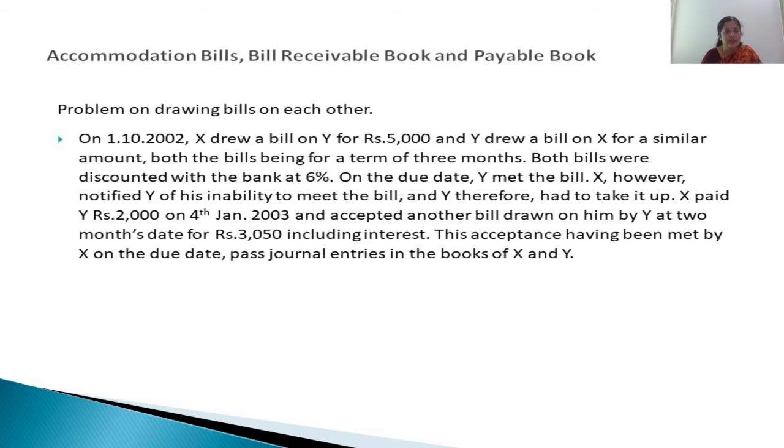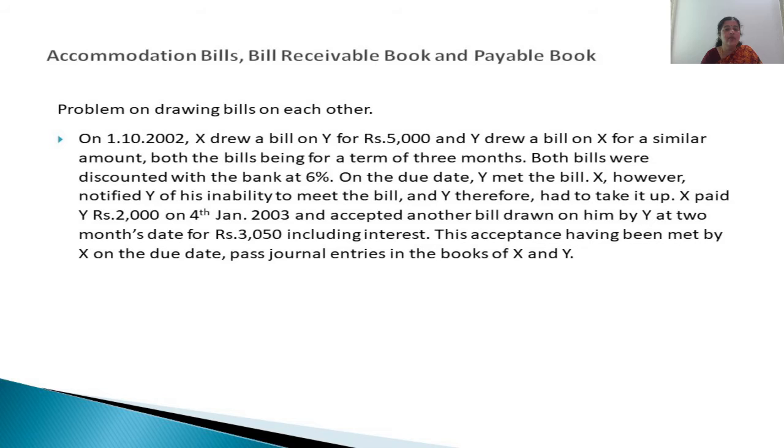X paid Y rupees 2000 on 4th Jan 2003. That is on the first due date. X paid only rupees 2000 on the due date, that is 4th Jan 2003. Then what about the remaining amount? Because the value of the original bill was 5000, but X paid only 2000 to Y. But X accepted another bill drawn on him by Y at 2 months date for 3050.